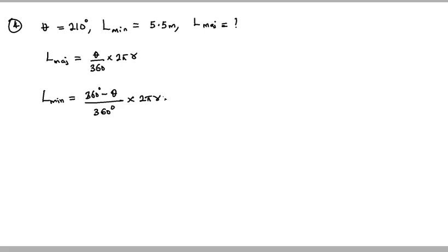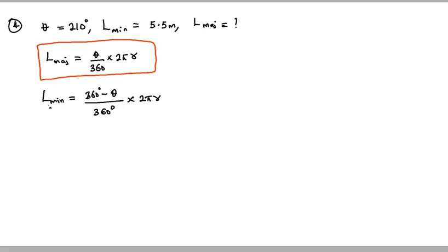So let's get the radius of the circle from this minor arc, because what is holding us is just the radius. We can get the radius from the length of the minor arc. What is the length of the minor arc?